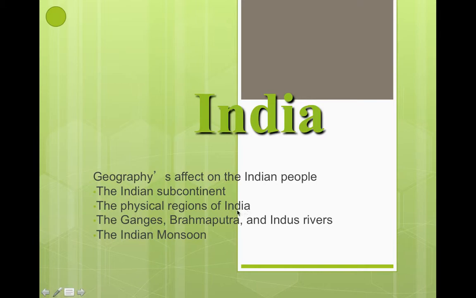We talked about the physical regions of India: the mountains, the plains, and the plateaus. We talked about the main river systems in India, and also the seasonal rains, the monsoons. So hopefully this has helped a bit, and we're going to continue to talk about India and do some labeling of some of the things that we've seen.